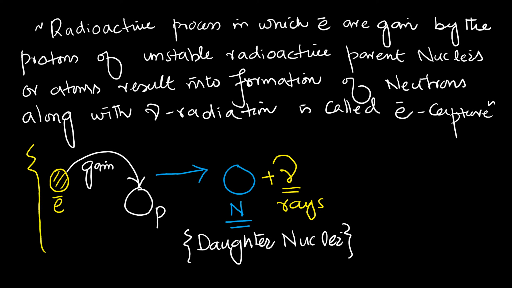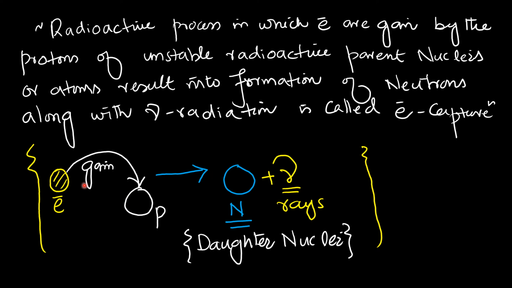So in the electron capture process, electrons are gained by the protons of a parent element. Electrons are present in the parent element, and protons are present in the nuclei of the parent atom. The electron from the orbit of the parent atom is gained by a proton present in the nuclei of the parent atom.